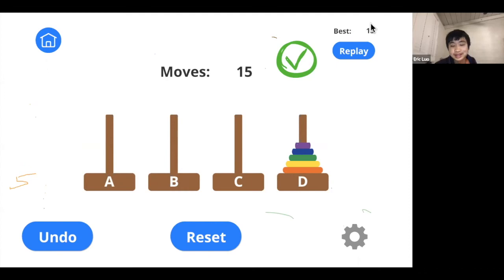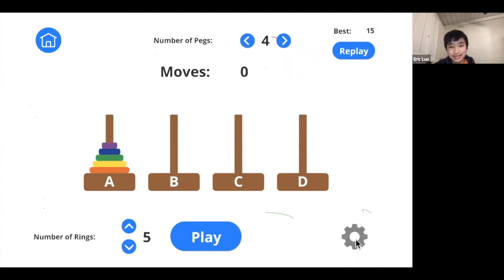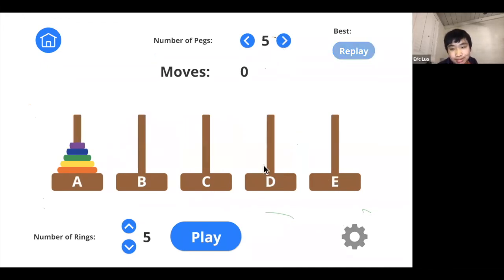It's actually kind of interesting because for increasing pegs, even professional mathematicians have trouble finding a pattern in these problems. The Tower of Hanoi problem with 4 pegs was actually solved in 2014, which is 8 years ago.